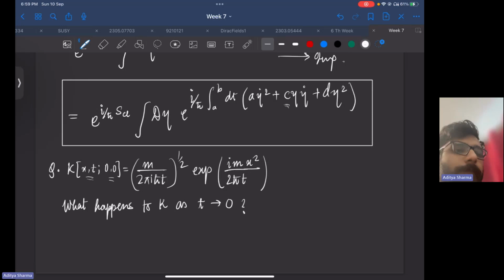Now I'm asking what is the probability distribution associated when I want the particle to go from the initial point to the initial point.